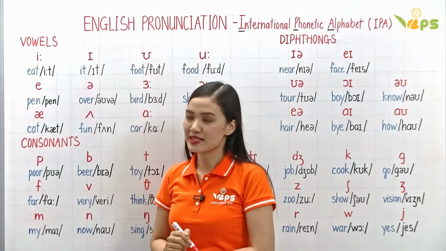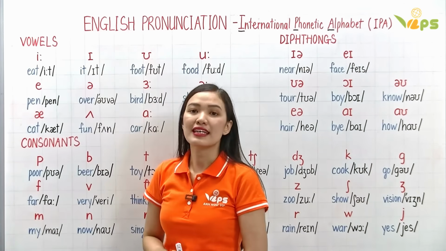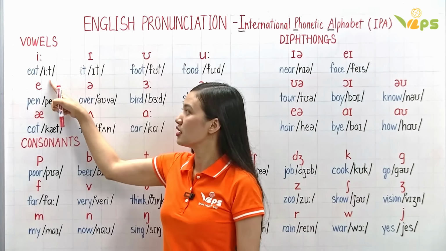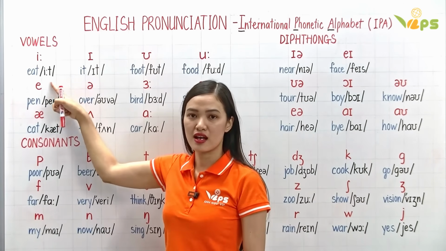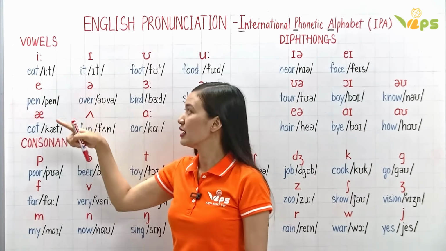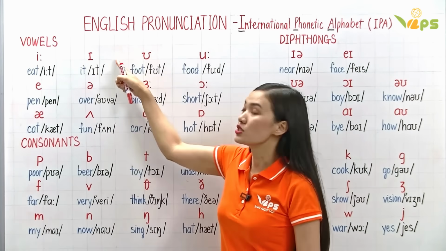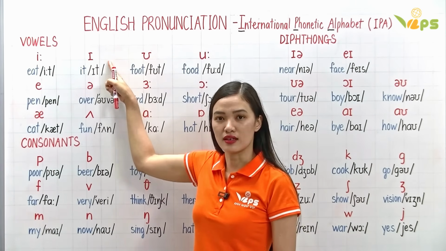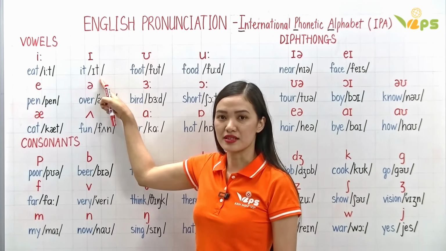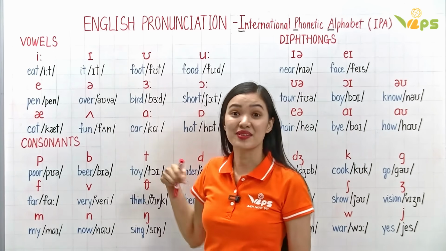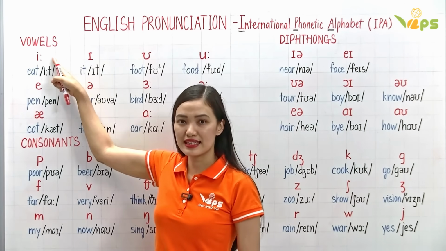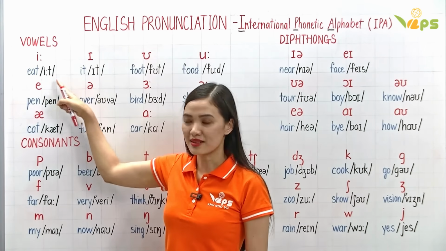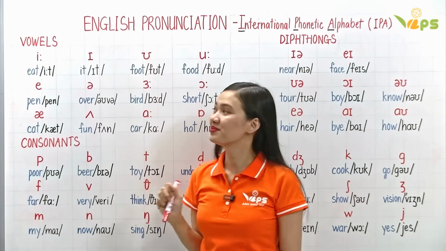Now, vowels. Eat, long E. And this one, short E, very short E. It. So the difference, eat, it.